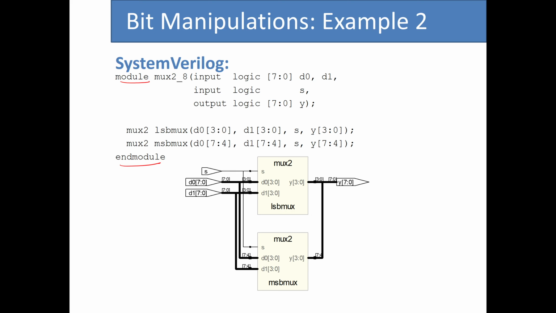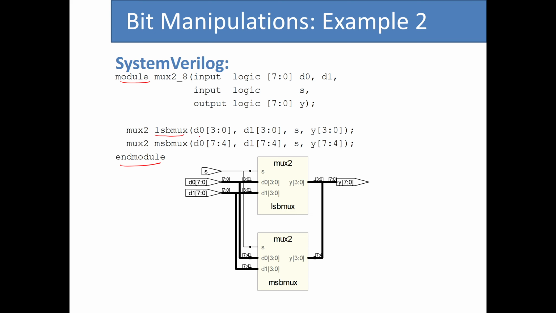So now what I want to do is create two instances of the 2-to-1 multiplexer that we had before. One for selecting between the lower half of the two 8-bit numbers, and one for selecting the upper half. So I just say mux2, and then I call this instance LSB mux, or least significant bits mux.